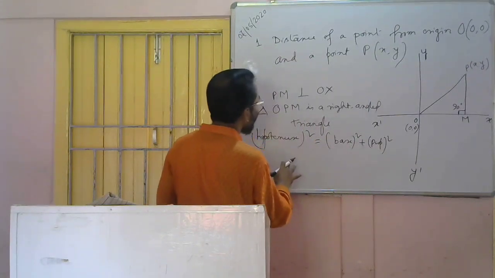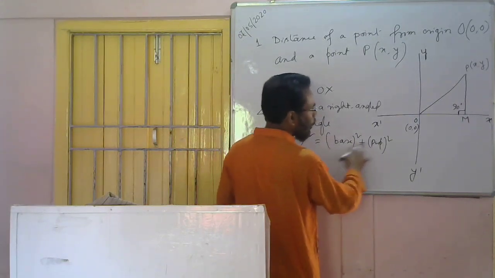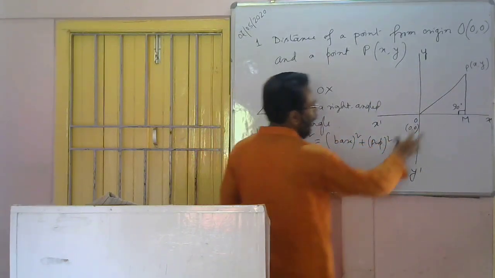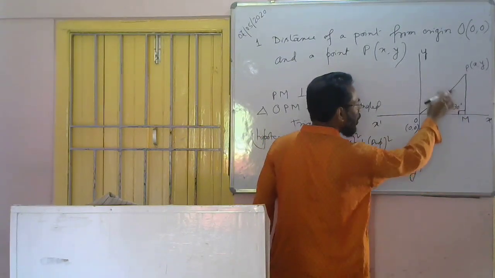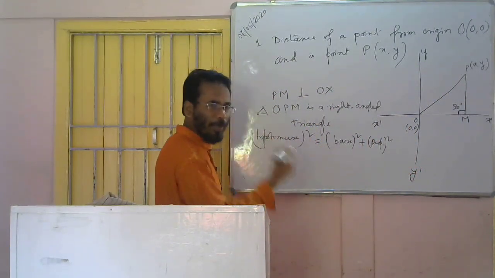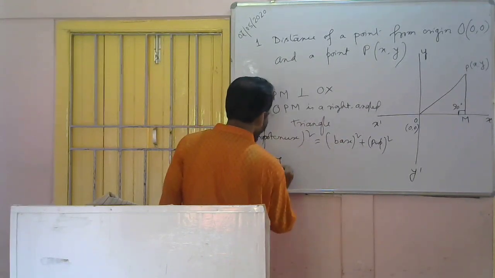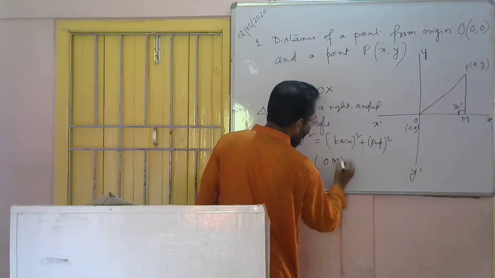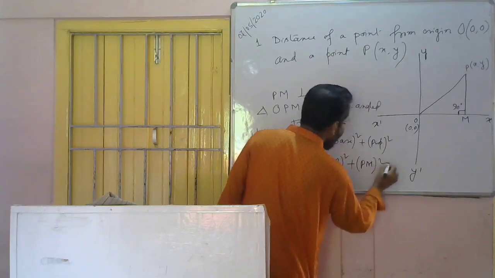Opposite to the right angle is the hypotenuse. So the hypotenuse OP square is equal to base OM square plus perpendicular PM square.